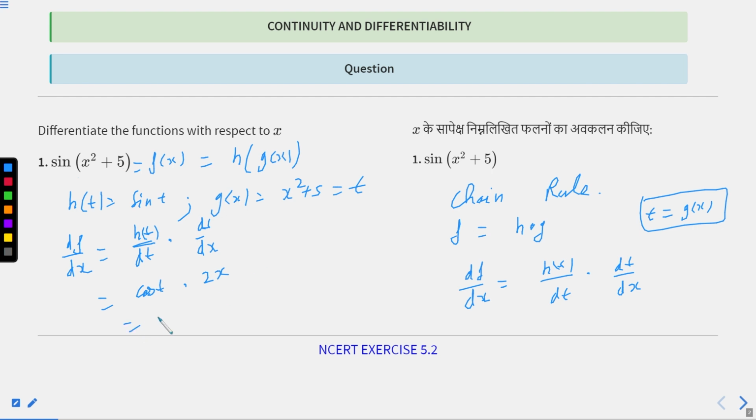So your answer will be 2x cos t. Replacing t with the original form, which is x square plus 5, the final answer is 2x multiplied with cos of x square plus 5.